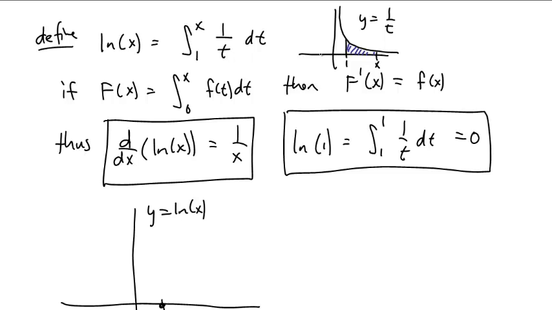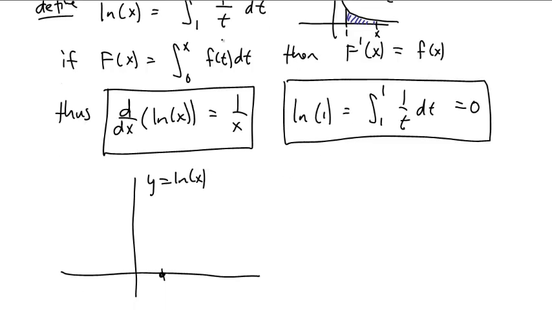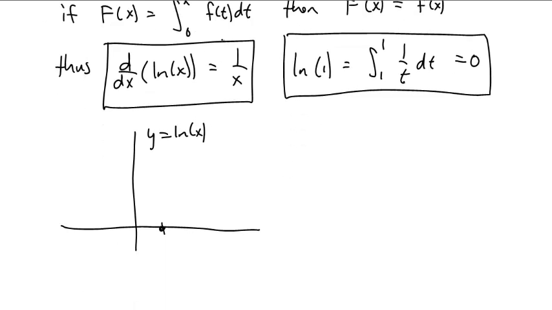If we use a number less than 1, then we've got the limits of integration reversed and it will be a negative number. This just goes to show that the graph of natural log of x looks, well, like it's supposed to. It's 0 at 1 because natural log of 1 is 0. It's just increasing. We add more and more area. But notice that its slope at x is 1 over x.